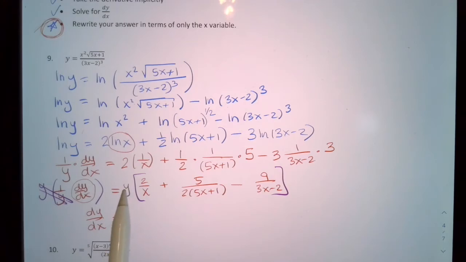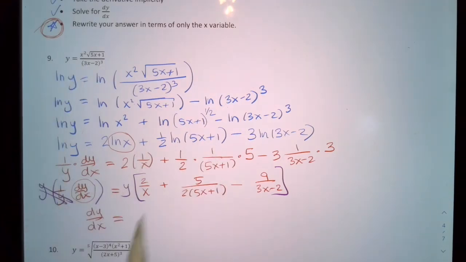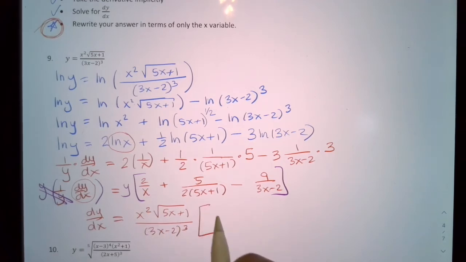Instead of writing y here, I'm going to write what y actually is. y happens to be x squared times the square root of 5x plus 1 all over 3x minus 2 cubed. And there's the rest of my derivative.